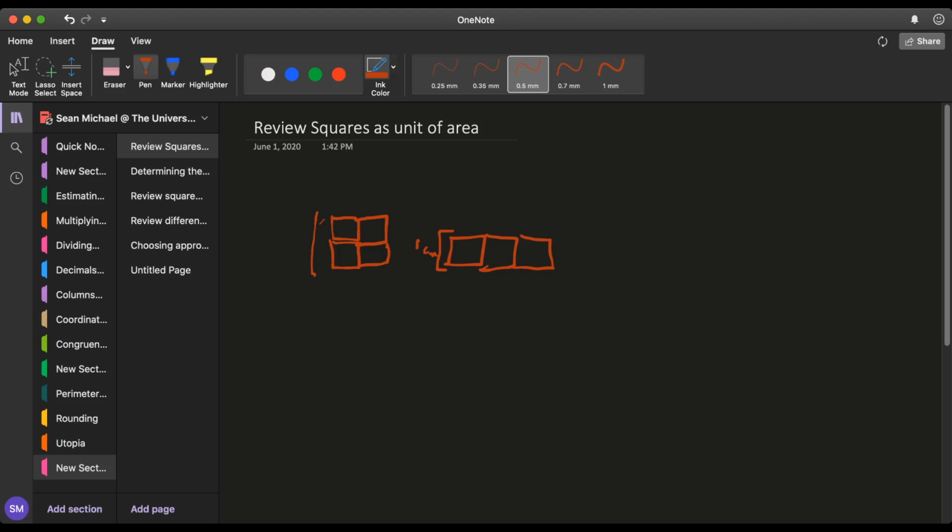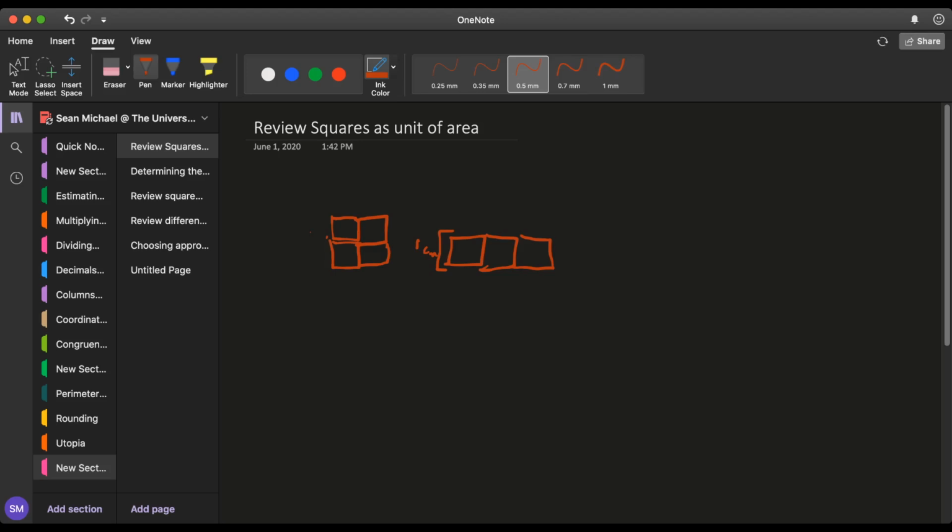Because each one of these squares is 1 by 1 by 1, so we're kind of considering them the same size. So if you have more of the same size of something, it's going to be bigger than less. And this is an idea that we're going to be dealing with more today about squares as a unit of area.